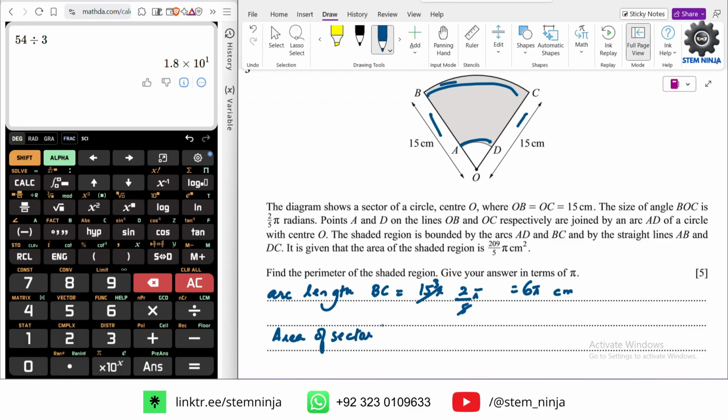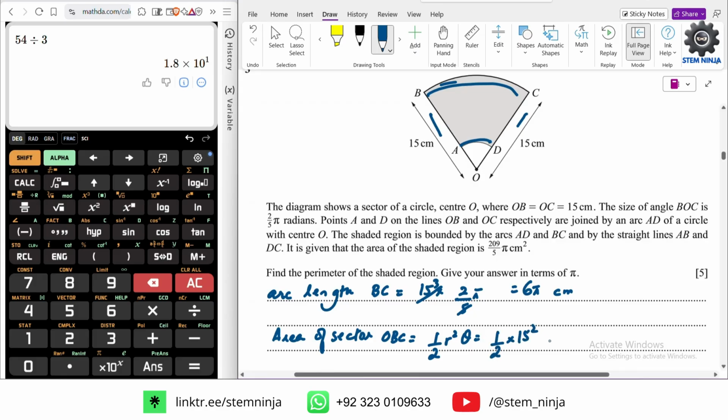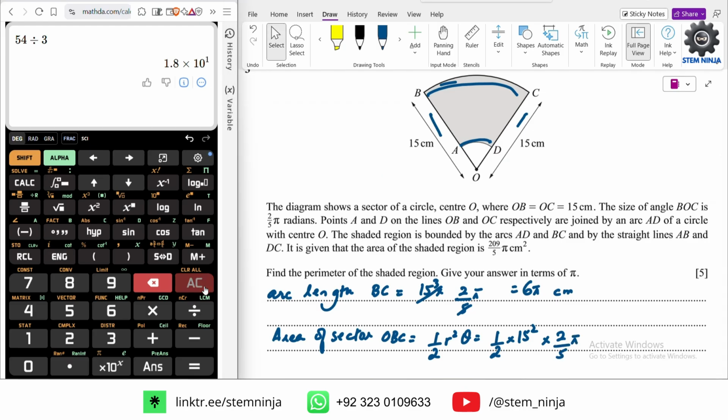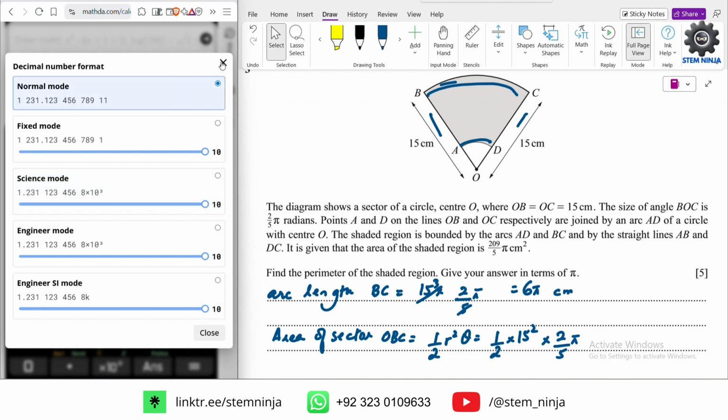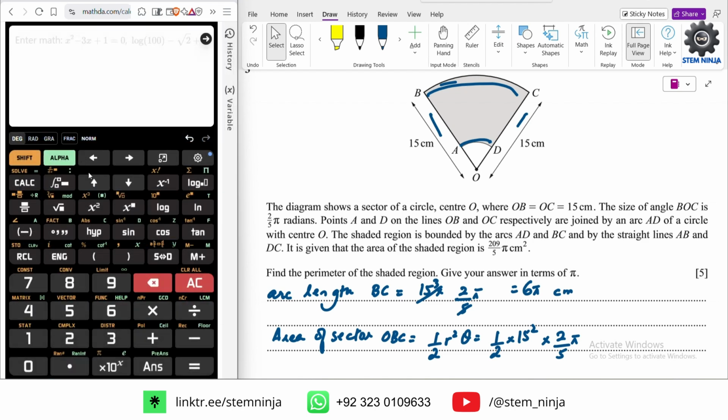Area of sector OBC is half r squared theta. So this is going to be half r squared, and theta is 2 over 5 pi. Let's use the exact values for now. So you have 0.5 times 15 squared times 2 pi divided by 5.